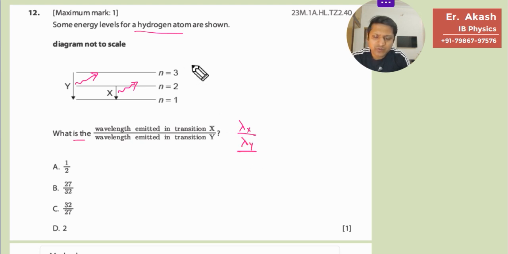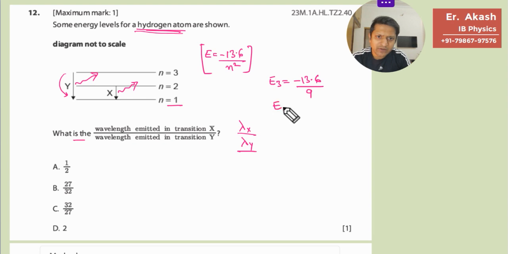So first of all, we know that for hydrogen atom the energy is minus 13.6 upon n square. So for E3 we have minus 13.6 upon 9, and this is moving to n=1, so E1 will be equal to minus 13.6.